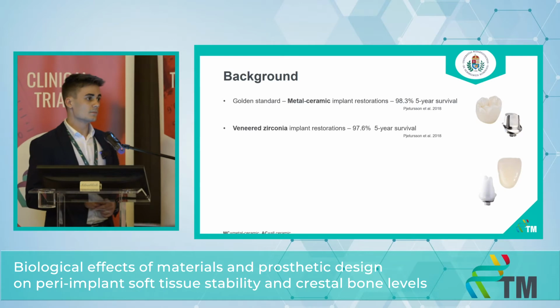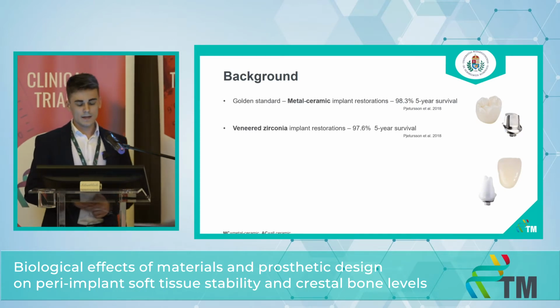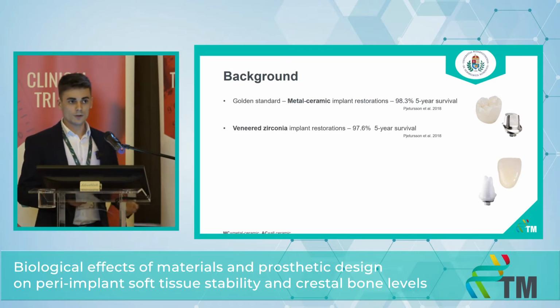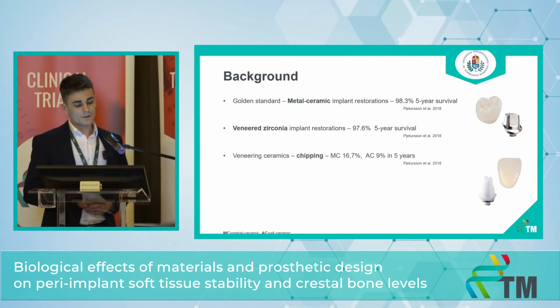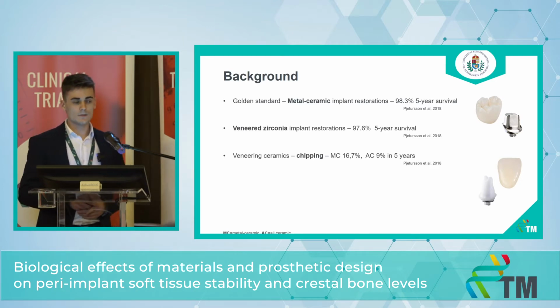Later, other ceramic materials showed up, and they could be manufactured with CAD/CAM technology for more precise and aesthetical frameworks. However, these frameworks need to be veneered with other types of ceramics. The main problem with these veneering ceramics is the relatively high chipping rate as a technical complication.